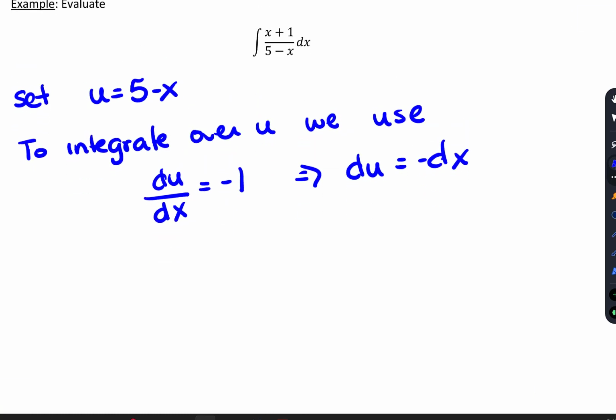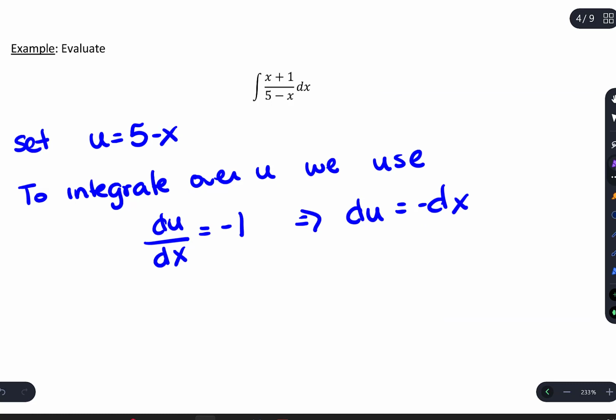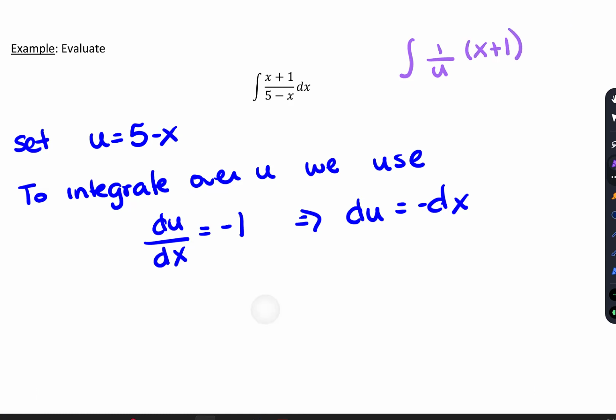So looking up here, if we want to try to make a substitution, just making some scratch marks off to the side, notice if I were to have the integral of 1 over 5 minus x, or in other words, 1 over u, I would still be left with an x plus 1 up in the numerator. And since the derivative of u with respect to x is only -1, I'm not going to be able to account for that extra x plus 1 with the derivative of the inner function.